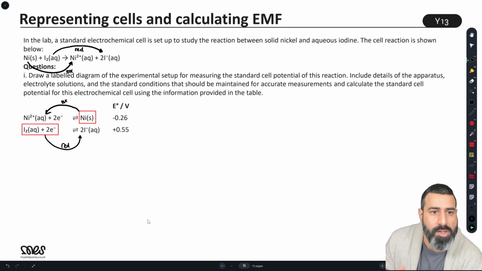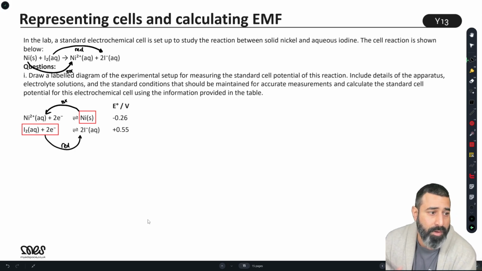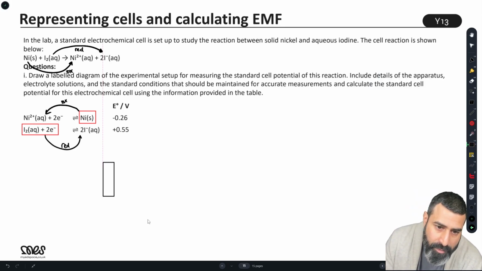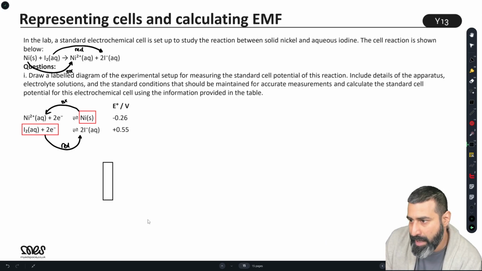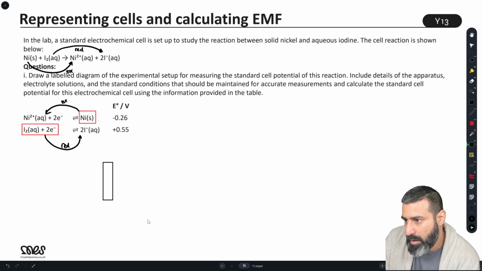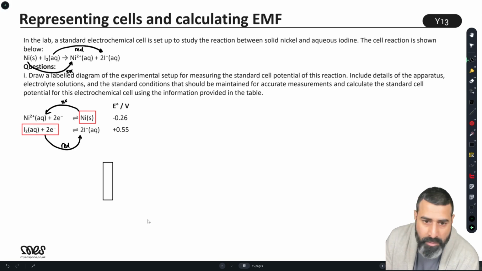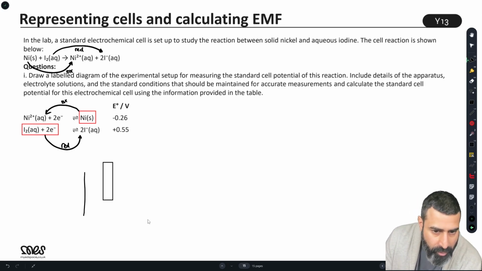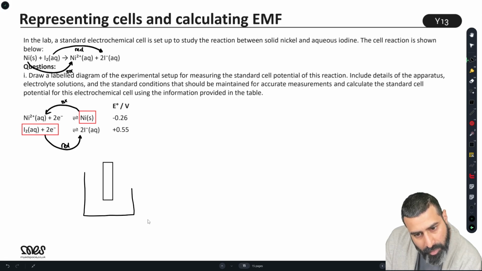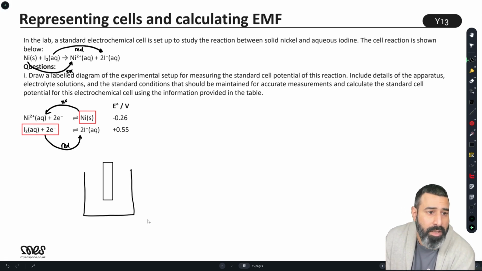Okay, so let's think about how we're going to draw this. By convention, the more negative electrode, i.e. the anode, is going to be our nickel. And that's going to be a solid lump of nickel, okay? So you've got a slab of nickel, and it's going to be in a solution of its ions.